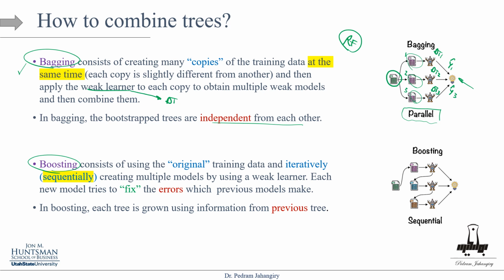So what is boosting? Again, you have your data set. You're going to work with relatively the original data frame, and then you pass it to a weak learner. So this is going to be your decision tree number 1, right? Again, we iteratively create multiple models by using a weak learner. Each new model tries to fix the errors which previous models make.